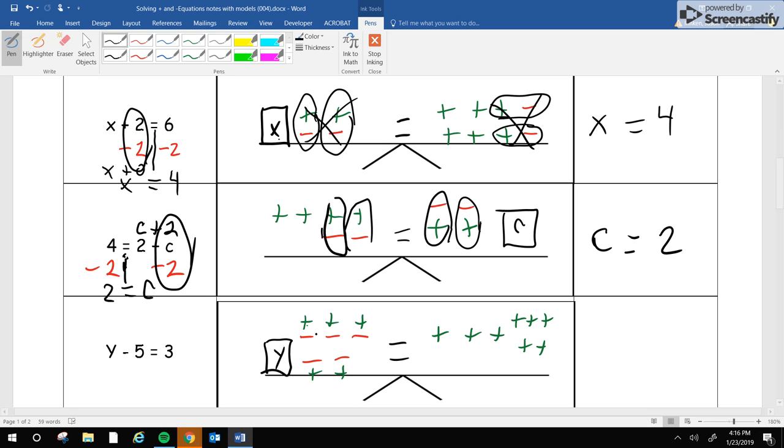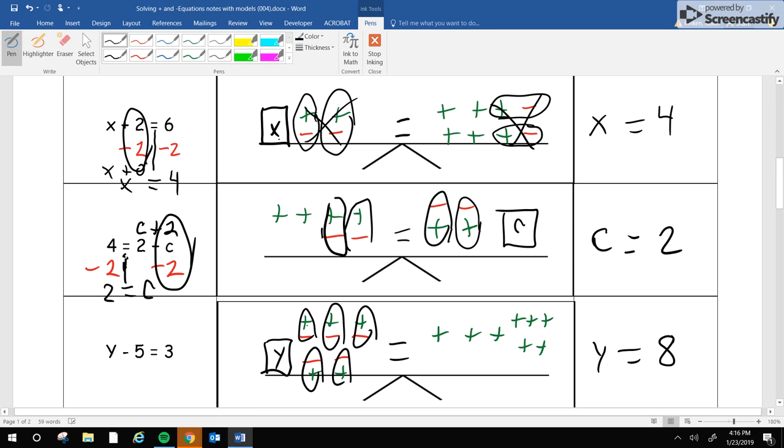So if we look here, I have a 0 pair, another 0 pair, 0 pair, 0 pair, and a 0 pair. And I know that y plus 0 is y. Have my equals. That's all isolated now. And then if you look over here, I have 1, 2, 3, 4, 5, 6, 7, 8 pluses. So y equals 8.